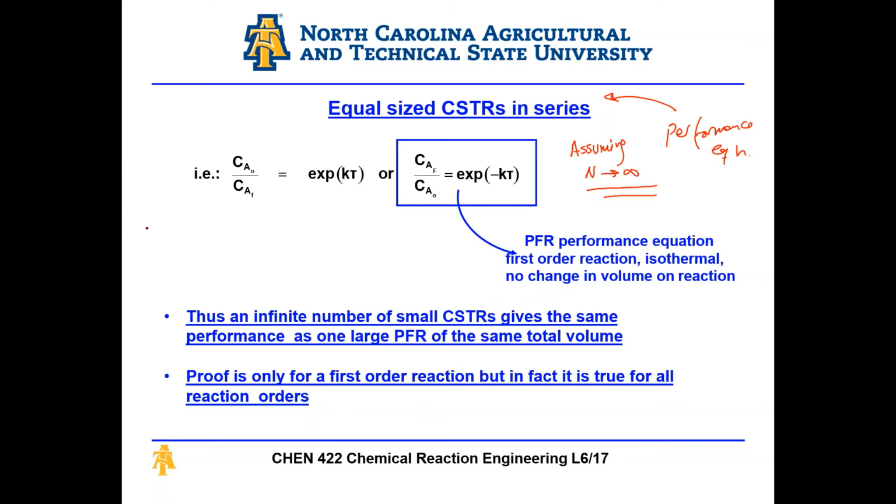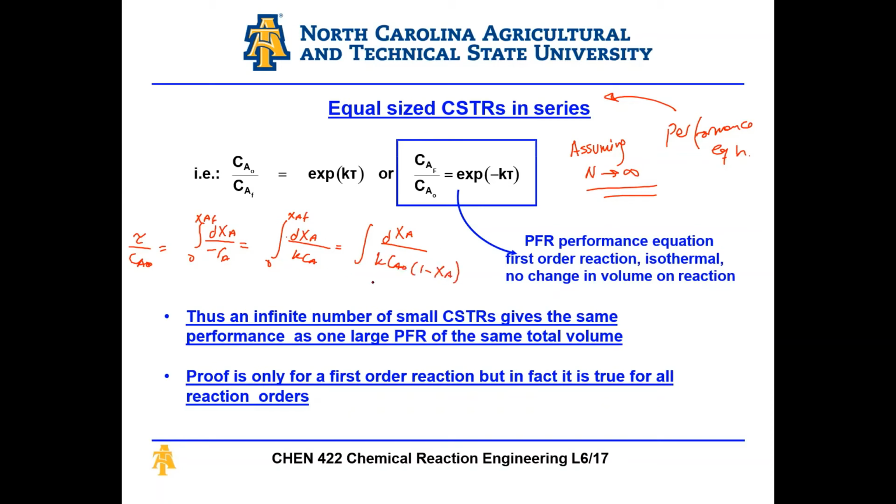And we can do it if you want to. For a PFR, the equation we said is tau over CA naught equal to the integral from 0 to XAF of dXA over minus RA. For a first order reaction, this becomes the integral from 0 to XAF of dXA over k CA, which is equal to the integral of dXA over k CA naught times (1 minus XA).